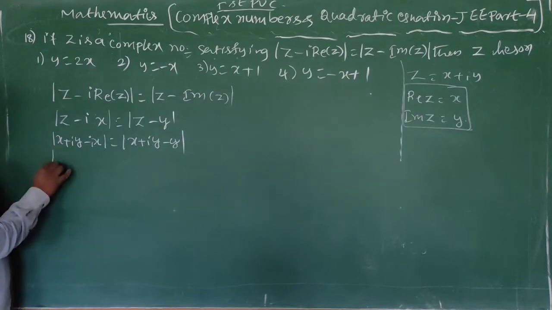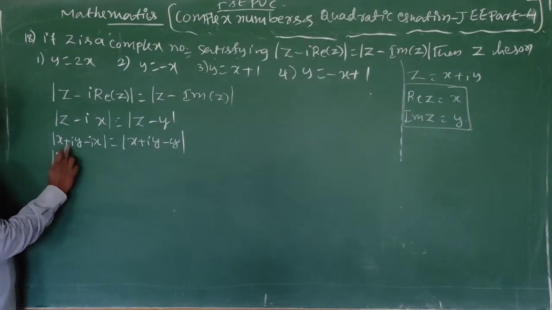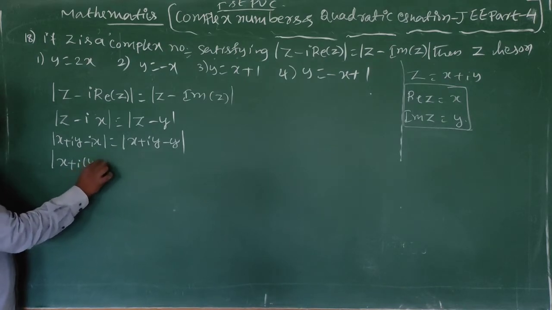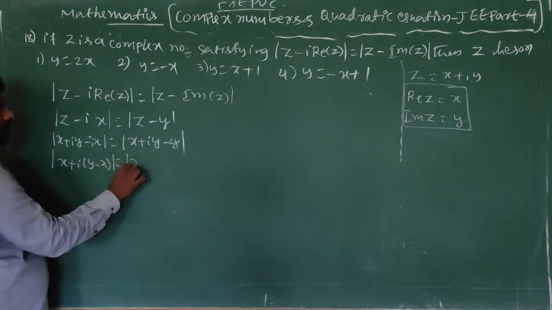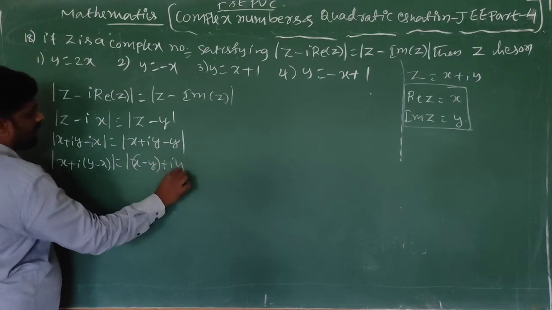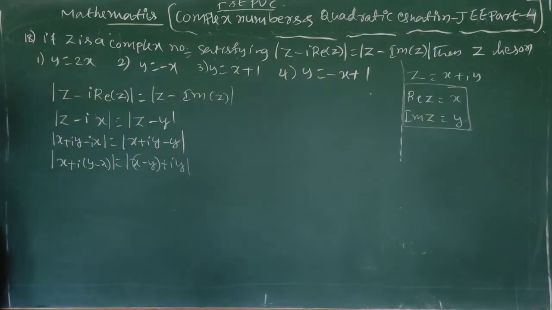Now here i is common: x plus i(y minus x) is equal to (x minus y) plus iy. I mean separate in the real part and imaginary part.